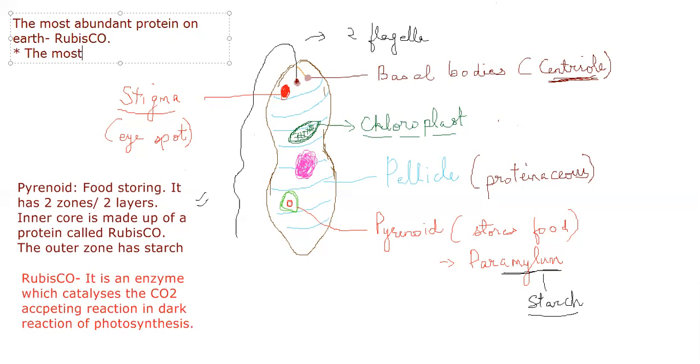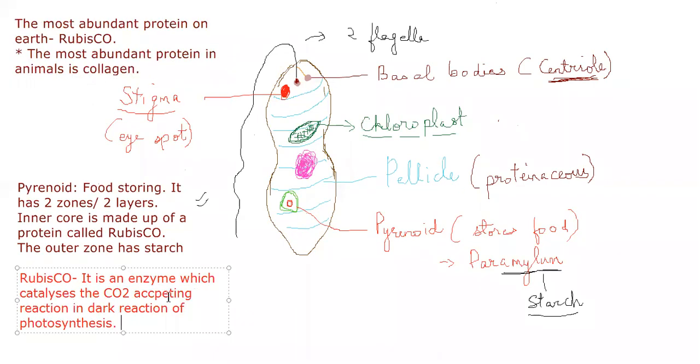The most abundant protein in animals is collagen. So we have covered two things related to protein: the most abundant protein on earth is this enzyme rubisco, which helps in this reaction in which the plants accept carbon dioxide from the environment.